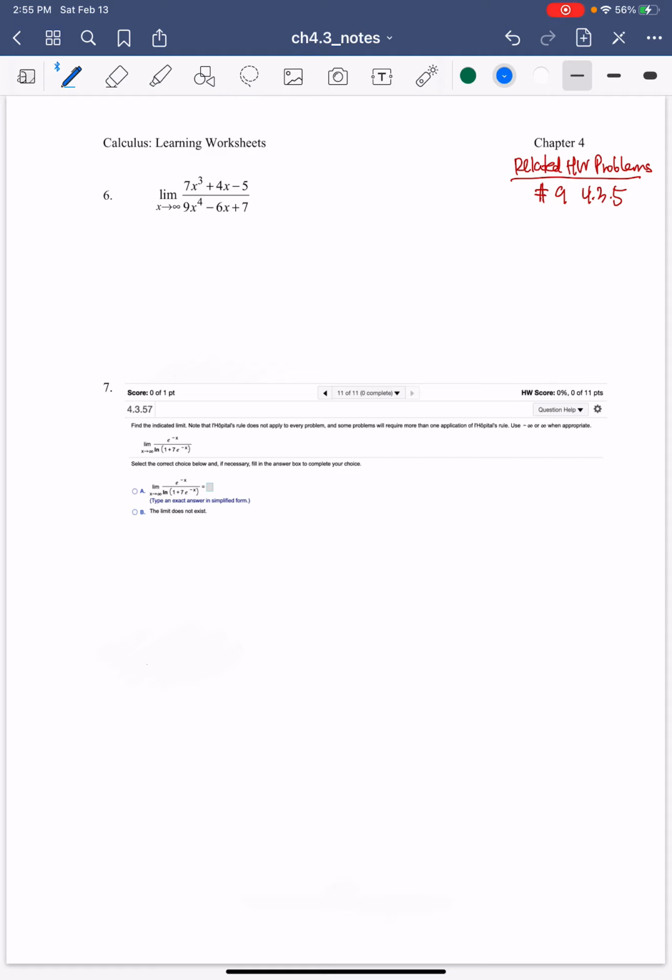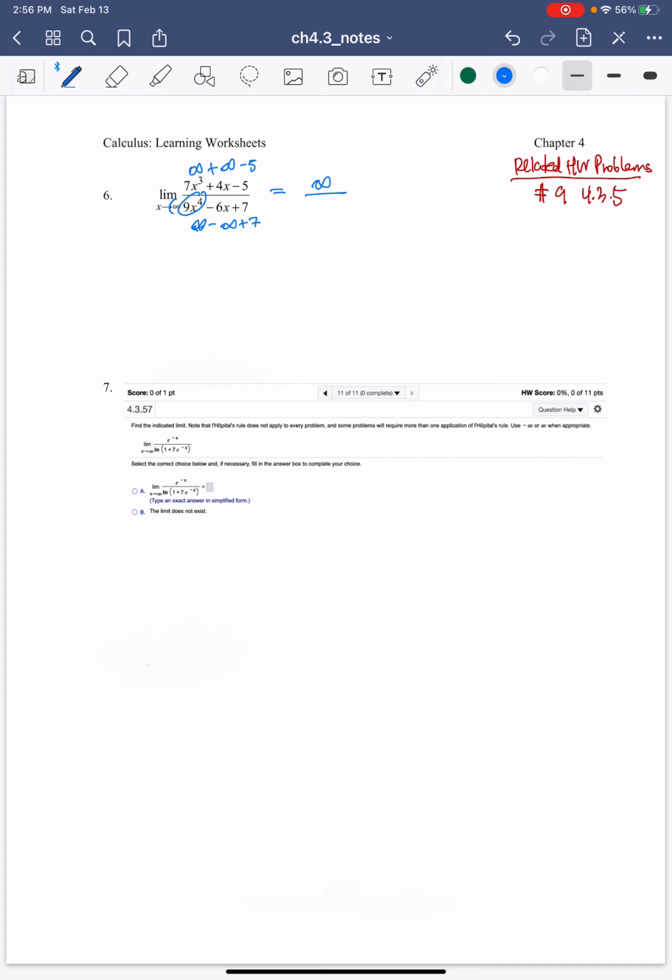So I'm going to first plug in infinity. Now if you plug in infinity here, we get infinity plus infinity, minus just small numbers. So in general, you're going to get infinity on top. Same thing here: infinity to the 4th power times 9, that's a really big number. 6 times infinity plus 7, well, you can see that the first term will be a lot bigger.